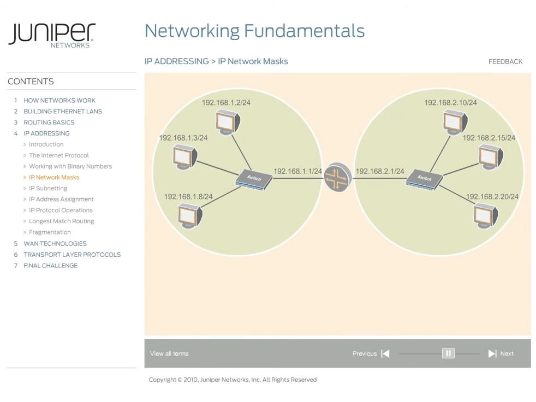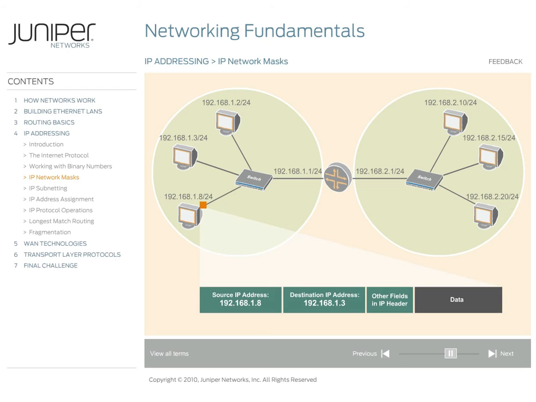Our network is shown on screen, now using CIDR notation to indicate the prefix length for each network. What happens when PC 192.168.1.8 wants to send data to 192.168.1.3? First, it puts the destination IP address and source IP address, but not the mask, in the packet.